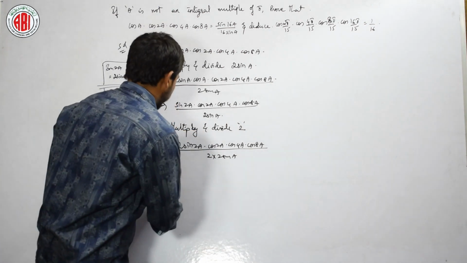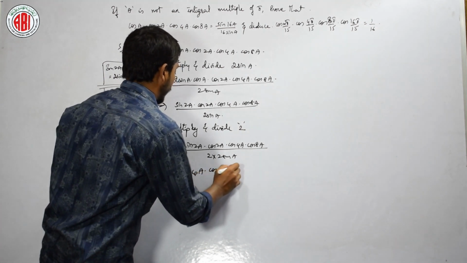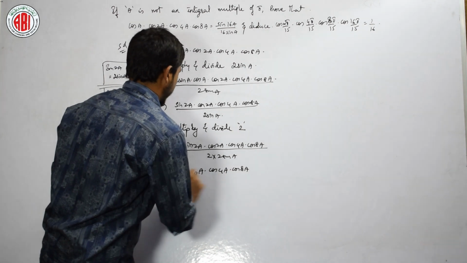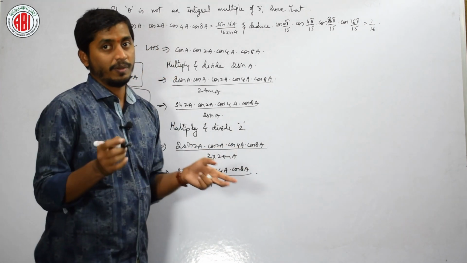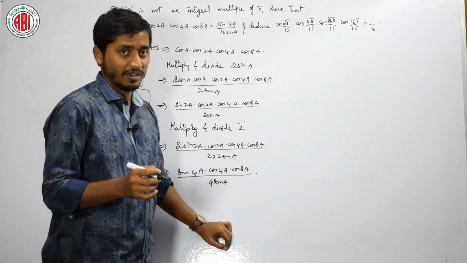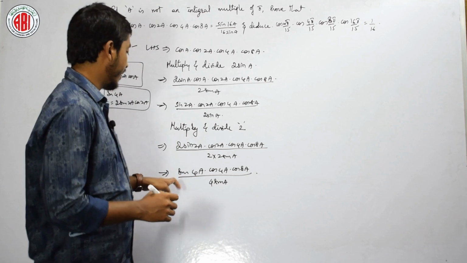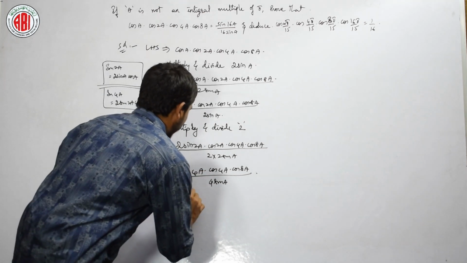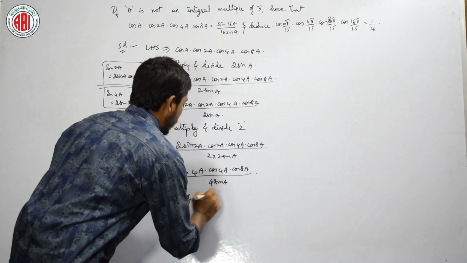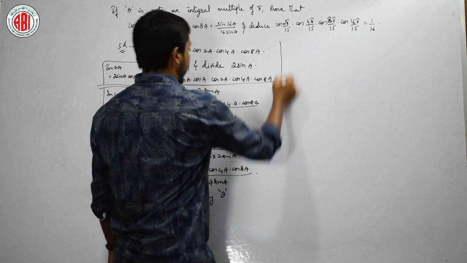It will become sin 4A. Yes or no? Is there any difficulty in doing such problems? The only thing you have to remember is what to multiply at what time. Yes or no? Now see here, the next step is sin 4A cos 4A, again the same, multiply and divide by 2 in numerator and denominator. What will it become?